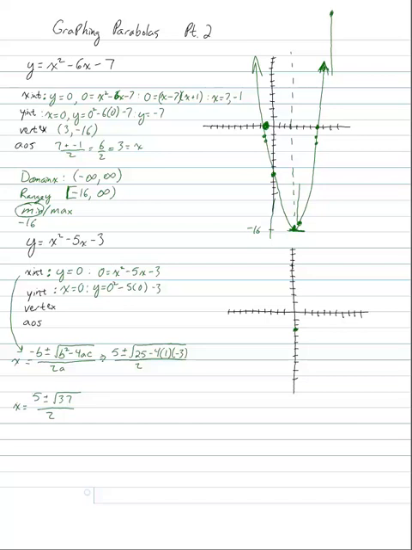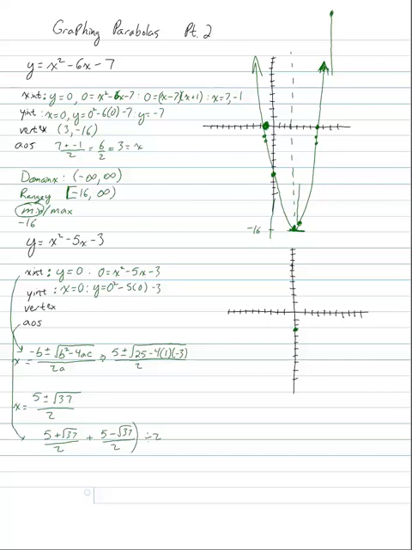Again, I just average them, right? Well, I can average this. So let's go ahead and try to find my axis of symmetry. I have 5 plus the square root of 37 over 2 and 5 minus the square root of 37 over 2. So averaging them means add together and divide by 2.